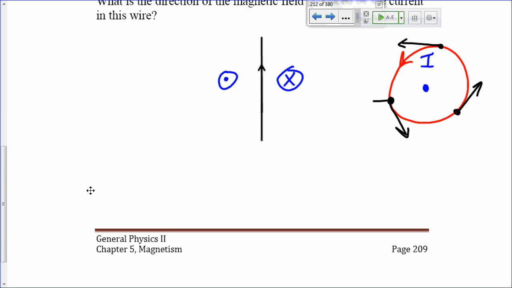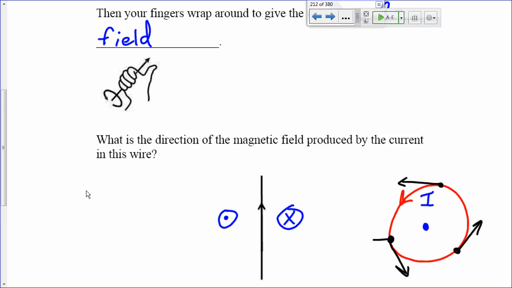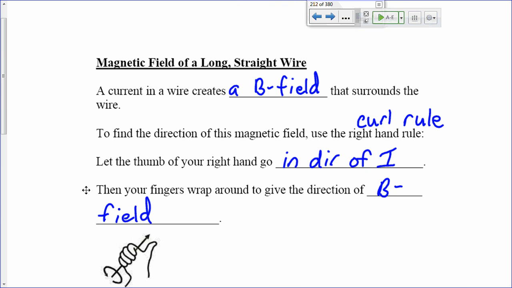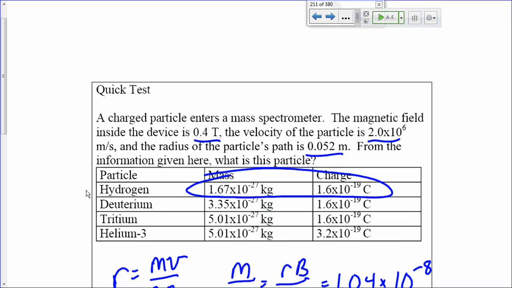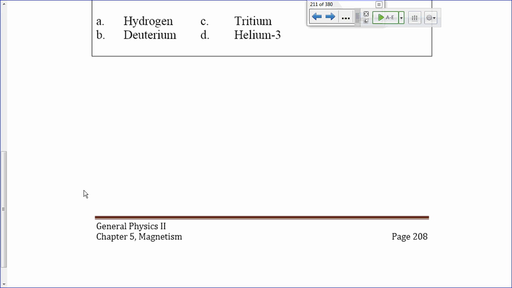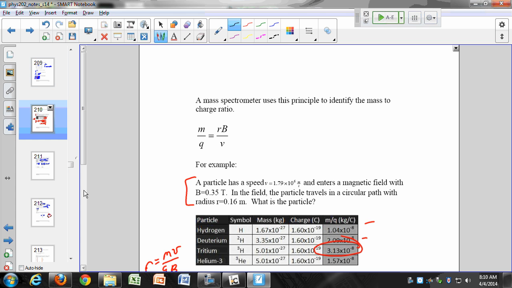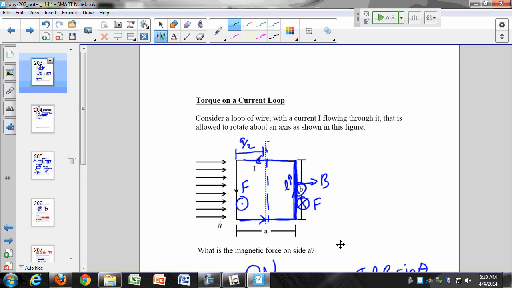That's the second question about this one here. If you go back to page 203, using this rule right here, it only works on straight wires. So if that wire was square, like that? No, we'll see that. It'll work on a loop too. Okay, so go back to page 203. This one right here?